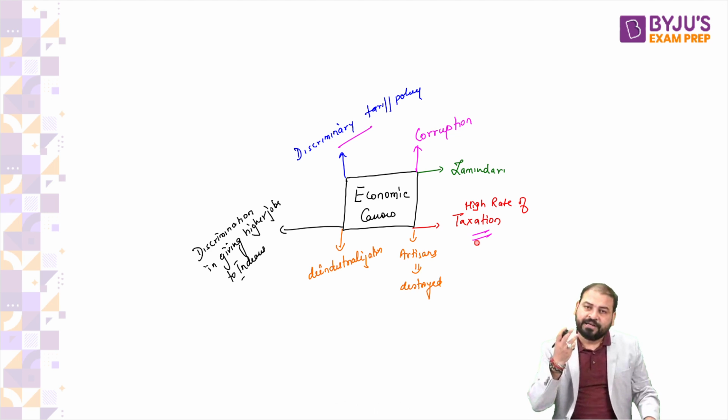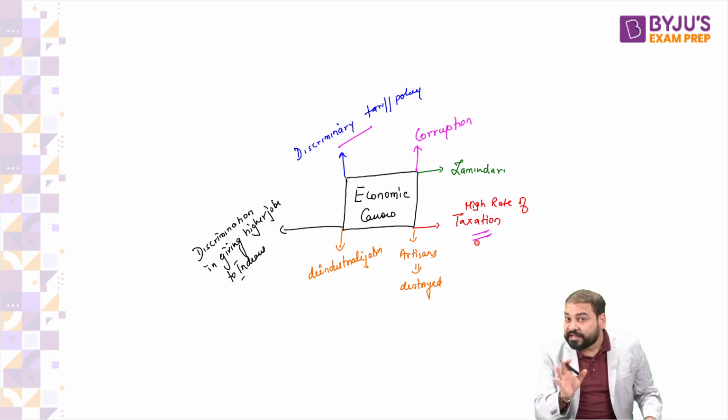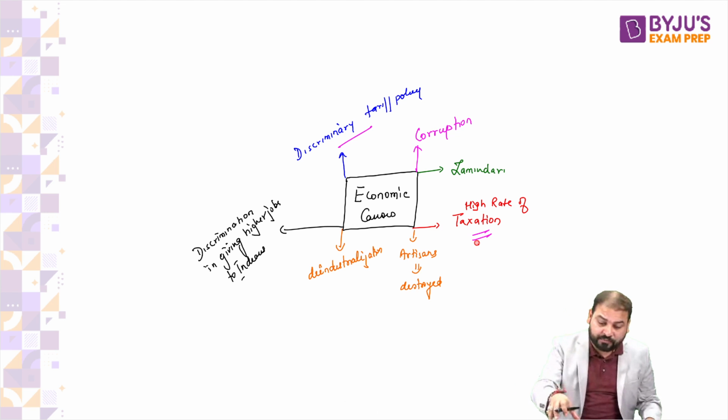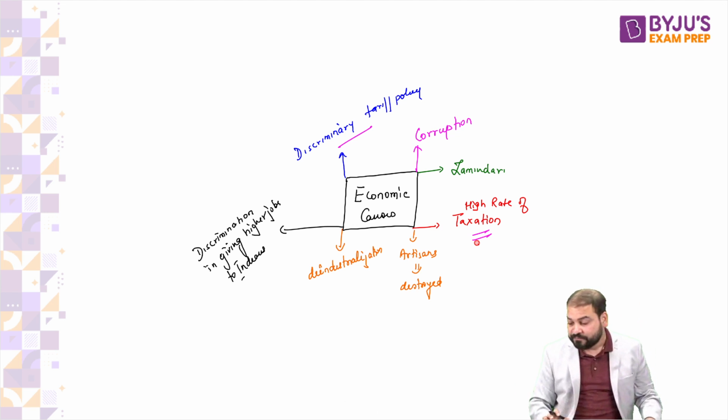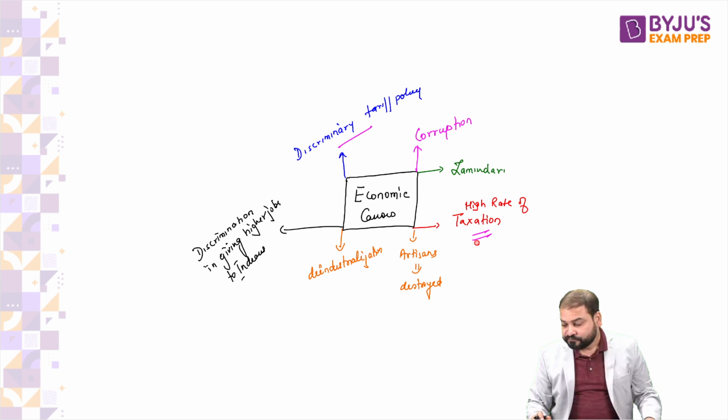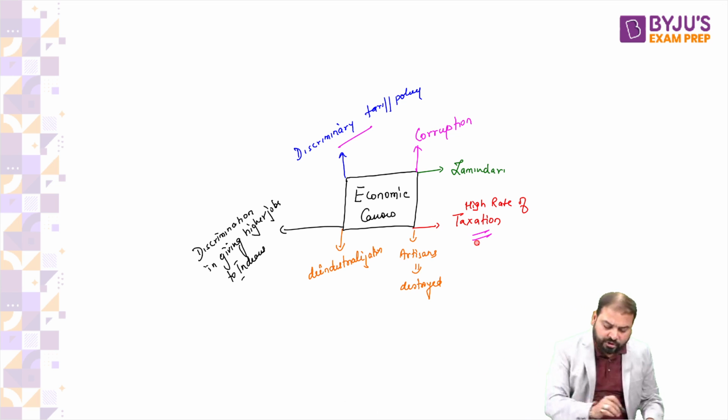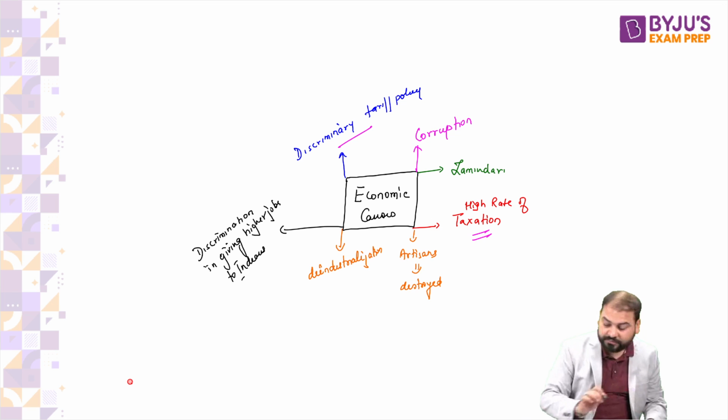Again, understand, we are not studying economic history here. Please don't get into the depth. Please understand the big causes. If I'm talking about a particular reason, it leads to that. Tulsi, not always. Not here.